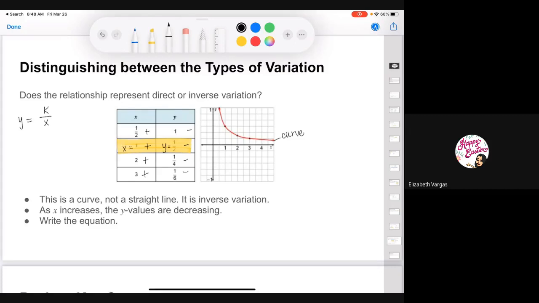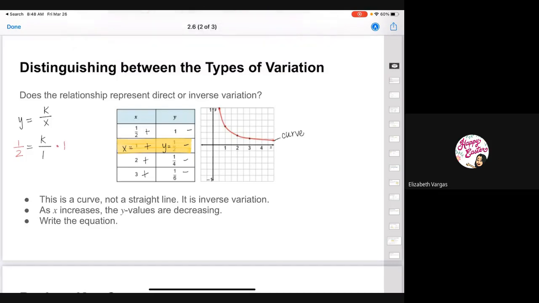y, which is 1/2, is equal to k over, my x is 1. Let's isolate my k, which gives me k is equal to 1/2.